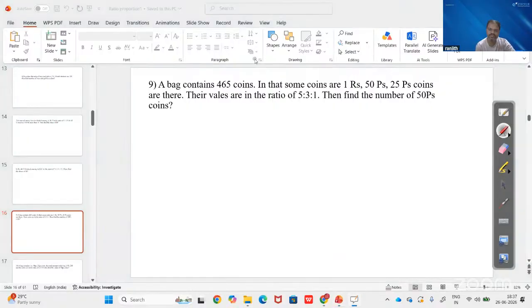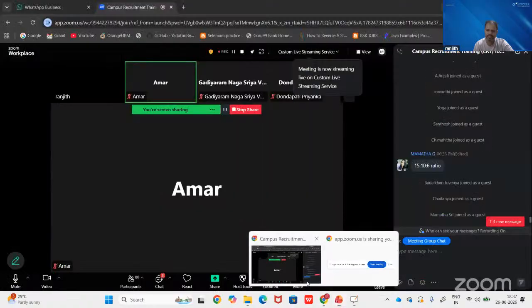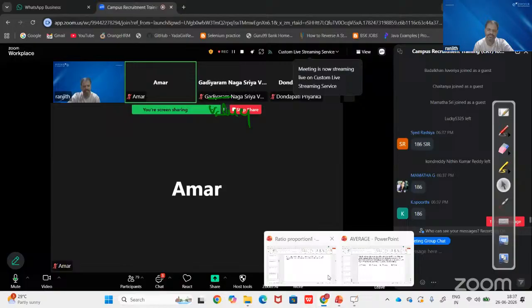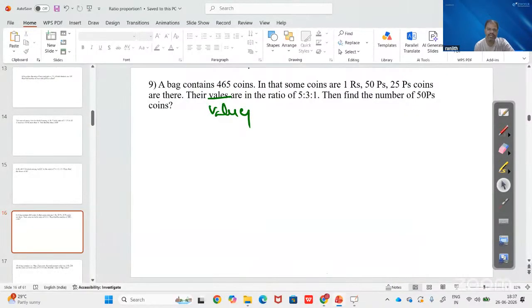Here their value. $186. Okay, done. 186. A bag contains some coins, so we are having different coins.